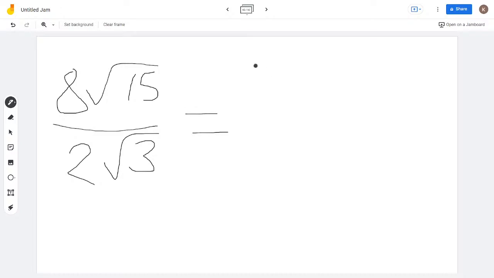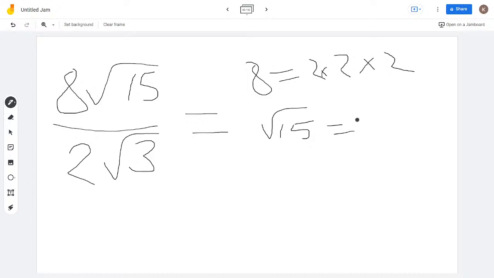We can write 8 as 2 times 2 times 2. Right, and we can write root 15 as root 3 times root 5. Okay.